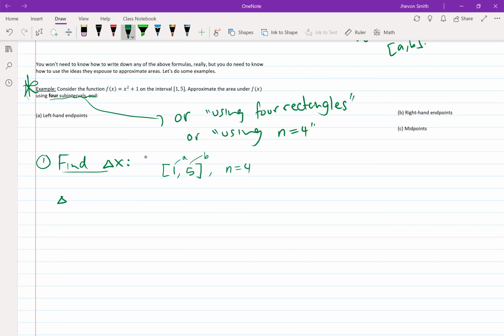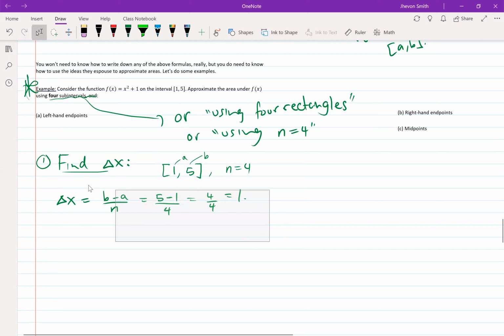So your delta x is going to be b minus a over n. In other words, it's going to be 5 minus 1 over 4. This is going to be 4 over 4, which is going to be 1. So your delta x is 1 in this case. And I think this is something that I actually want you guys to write out, so that should be in black.